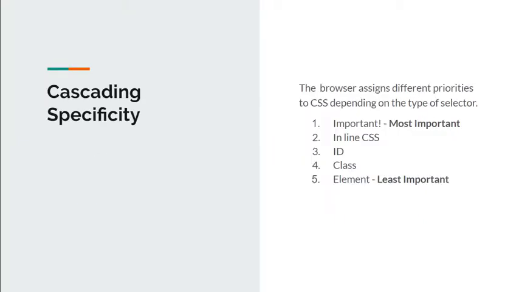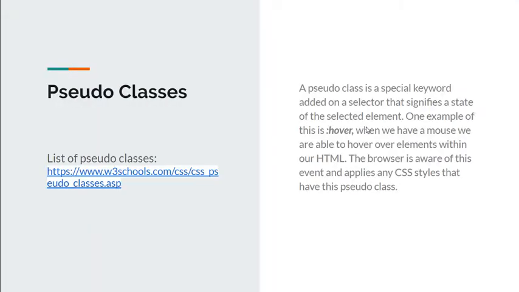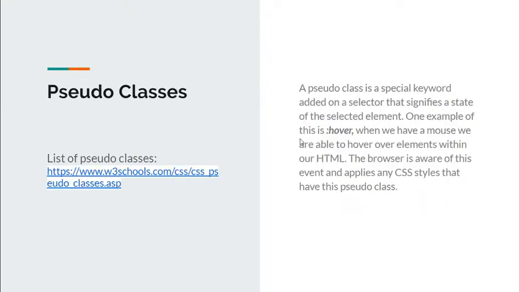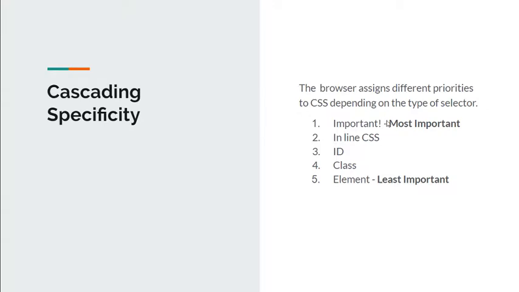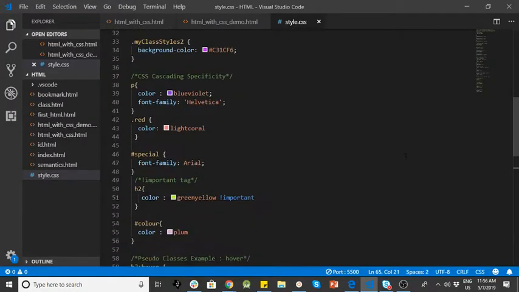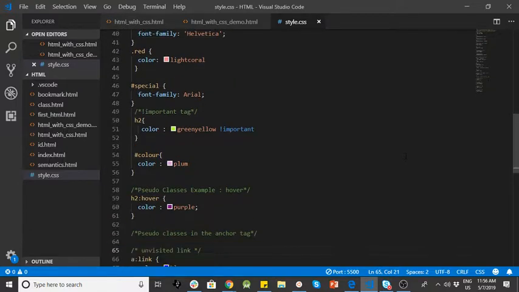Now we will touch upon important. We'll look at what important means. So for now, we'll go on to the .css file, and I just want you to have this small piece of information coded into your CSS file.